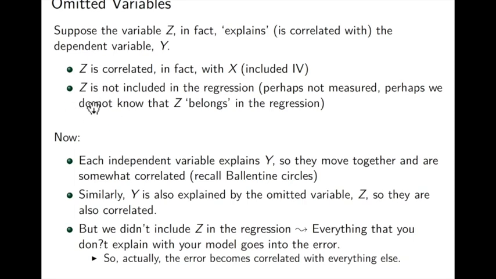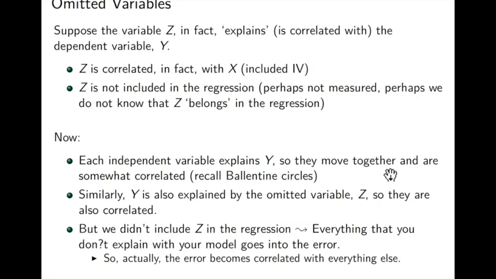But we've just said that this z, that ability, is correlated with education. So now, because we didn't include z in the regression, everything that we didn't explain goes into that error, so actually this error becomes correlated with the things that we've included. Whoops. So that is an example of endogeneity that comes about by virtue of omitting a variable that, in quotes, belongs in the regression.